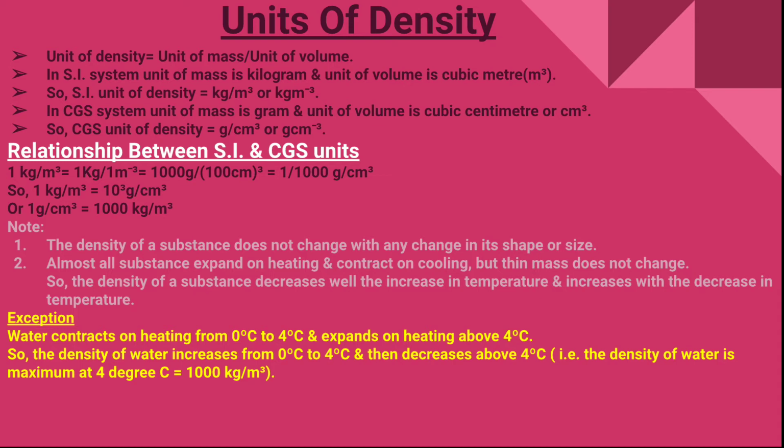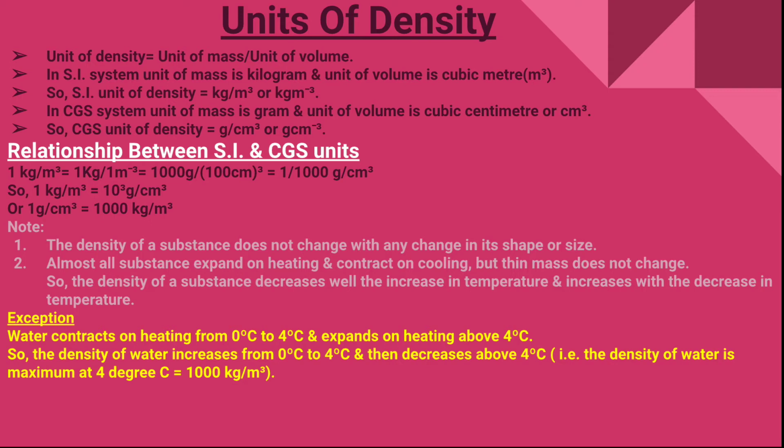It increases or decreases with the temperature, and density changes because its volume changes, not because of its mass. So the exception is water: water contracts on heating from 0 degrees centigrade to 4 degrees centigrade. That's an exception for water, unlike any other substance. Water contracts on heating from 0 to 4 and expands on heating above 4.